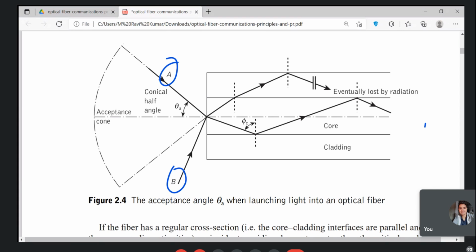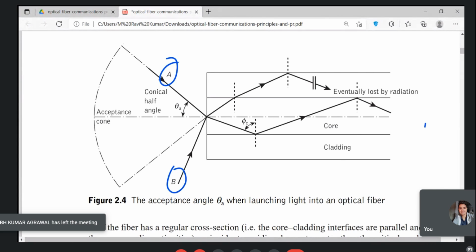Now if you look at ray B, it is outside of this conical half angle, so it does go into the core, but after it goes into the core, you do not have total internal reflection. What you have is refraction from core to cladding, and eventually this type of ray is lost in the cladding.